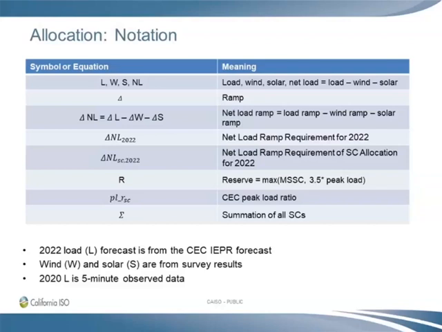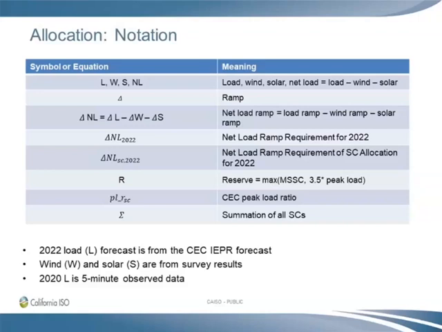Then a very small pie is the reserve, which has the equations Clyde already showed in his previous slide. Then two more items. One is the CEC peak load ratio. This gets the peak load ratio for all the LSEs, LRAs in the territory.